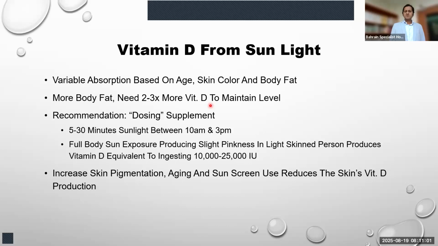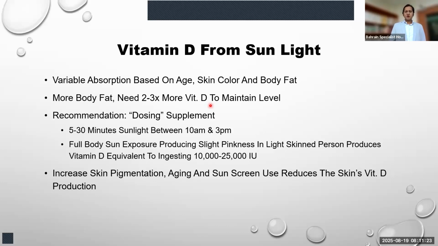If we talk about vitamin D from the sunlight, basically it depends upon the area of the body exposed to the sun and the skin color. If the skin is darkly pigmented, less vitamin D will be produced, and if a person has more body fat, then also less vitamin D will be produced.